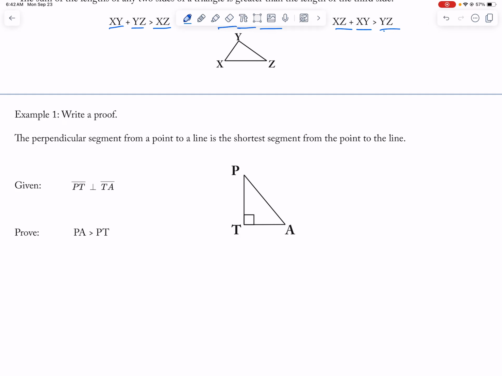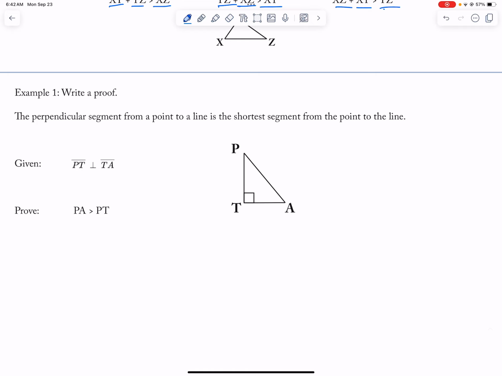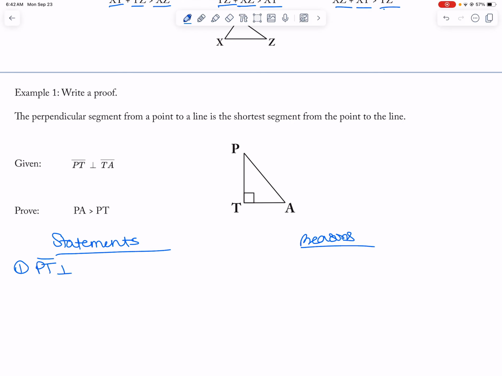So I am trying to prove that PA is bigger than PT. Okay, so statements, reasons. I know that PT is perpendicular to TA, and that is given.